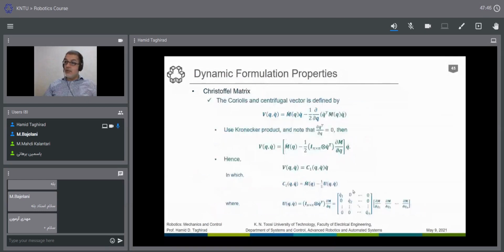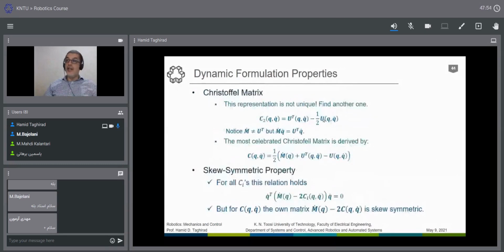U is again Q dot times partial derivatives, not very hard. And if you have U, the U transpose you can use here and find that. C2 is another Christoffel matrix. Again, this is not the best, but the second one.